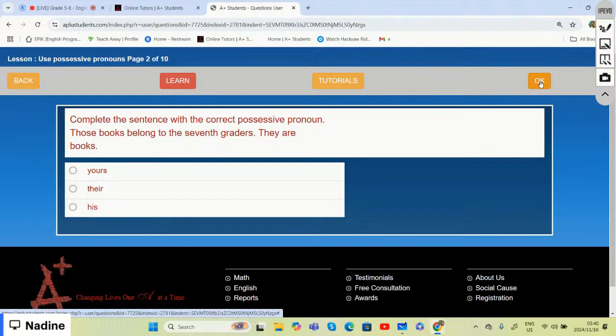And then do we say they are your books, option one? They are their books, option two? Or do we say they are his books, option three?